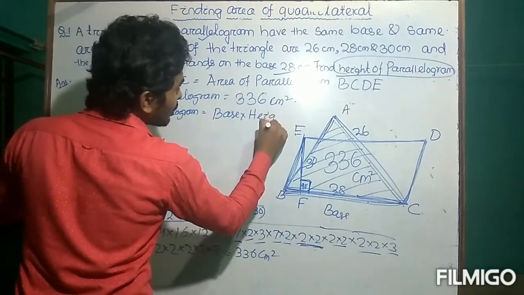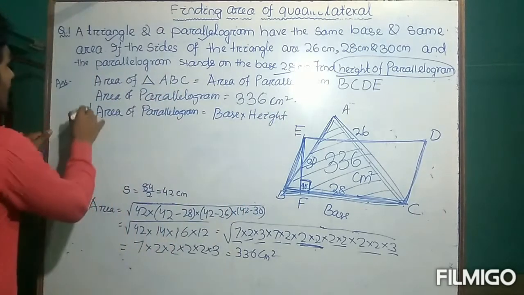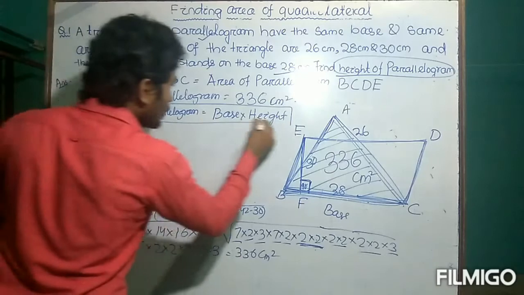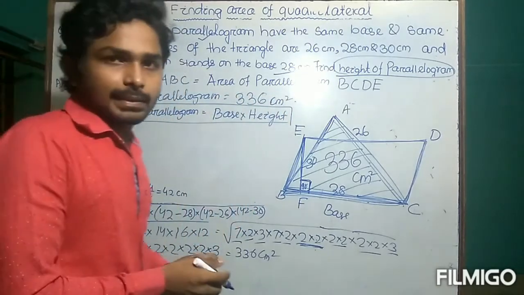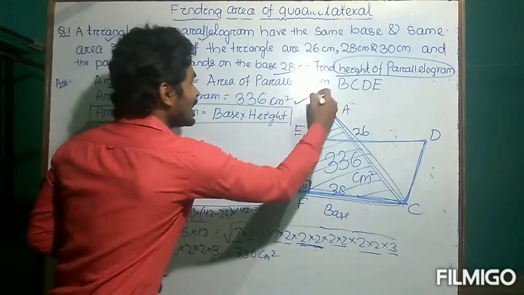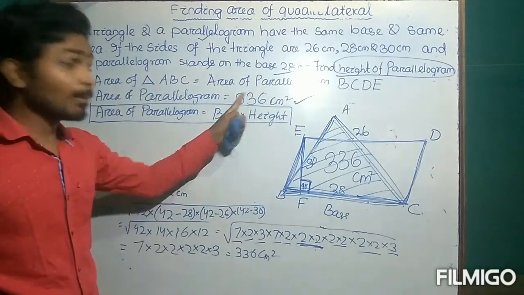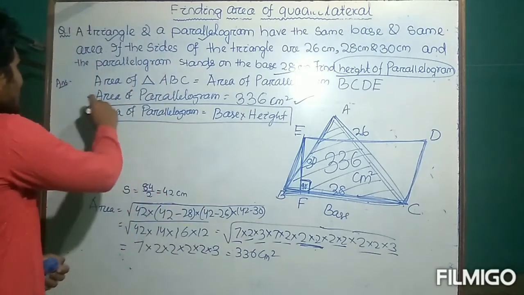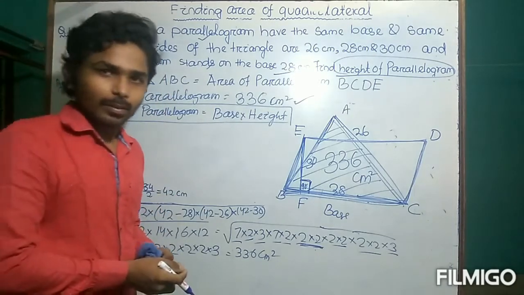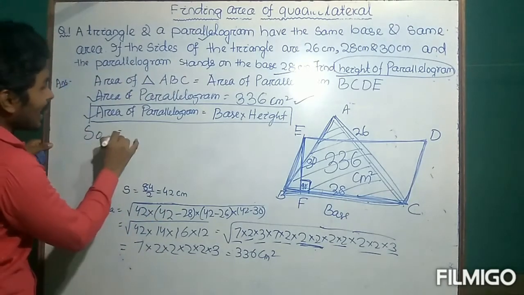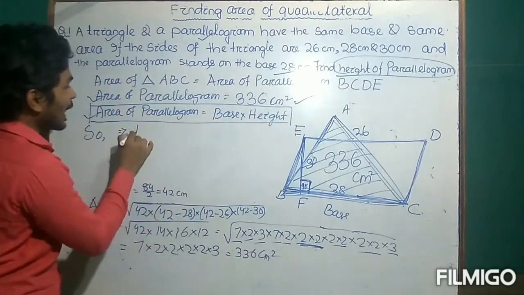I think you remember it from class 8. But it is given that the area is 336, and here we find the area is base into height. So both the statements are equal, so we can write base into height.